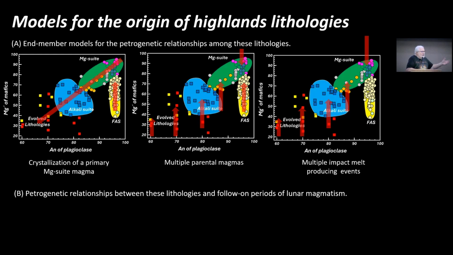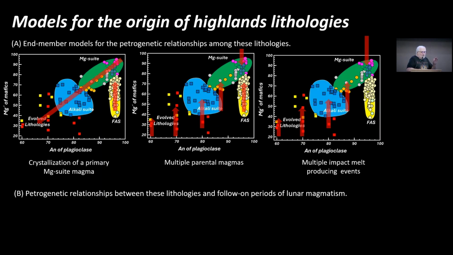Another model is a variety of episodes of magmatism producing this wide dispersion of lithologies. And another alternative is that all of these are produced by impact processes, and are products of crystallization of impact melt sheets.